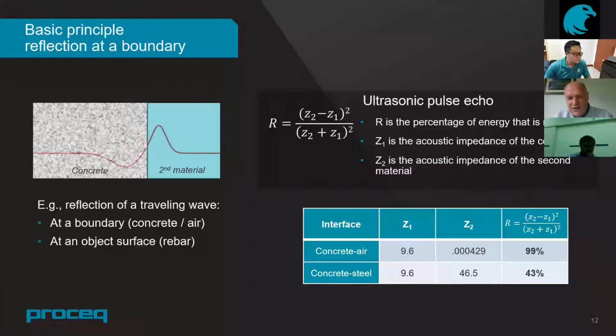Looking at the typical materials we have in concrete, which can be air, steel, and sometimes plastic conduits, you can see the amount of energy that's reflected. For a concrete-air boundary, we have almost 100% reflection. For concrete-steel, it depends on the type of steel and the quality of the concrete, but it can be like 40 to 50% reflected energy.